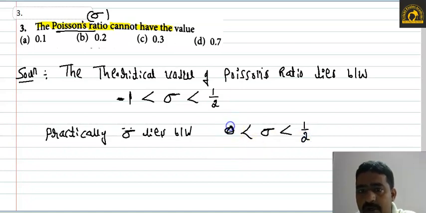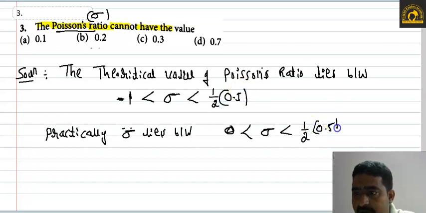Now you have to look at the options. One half means 0.5.